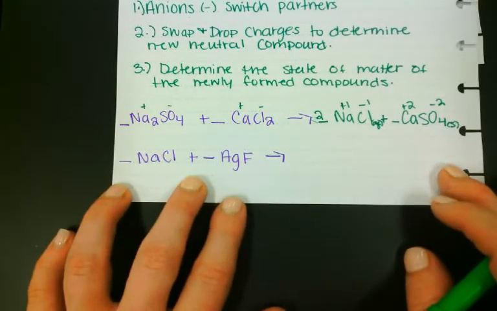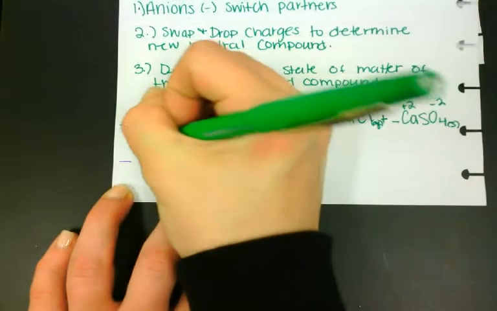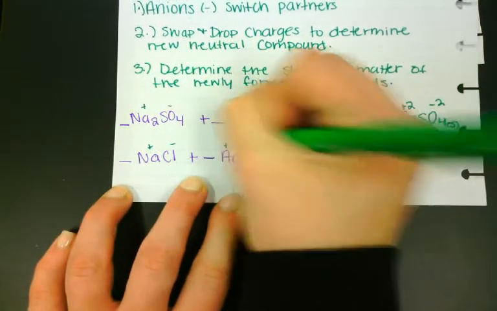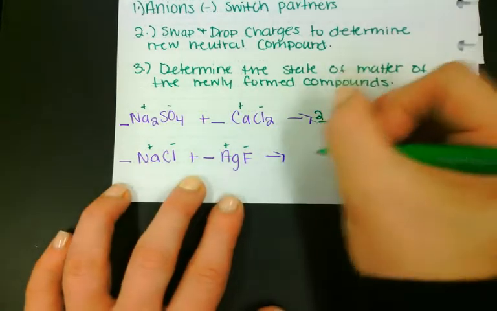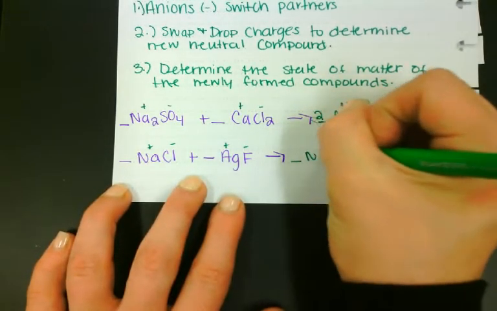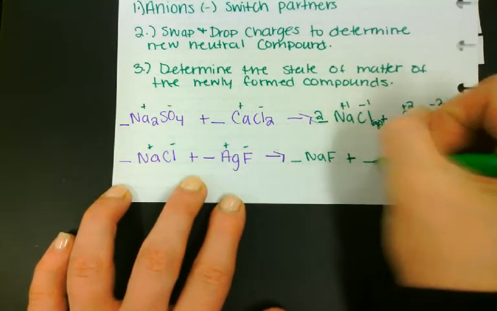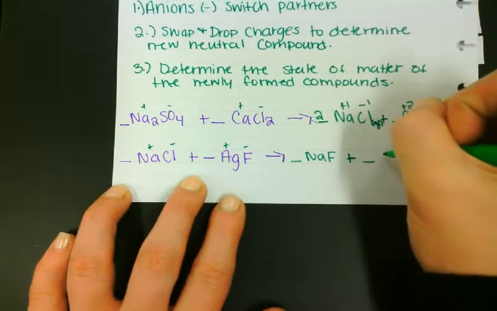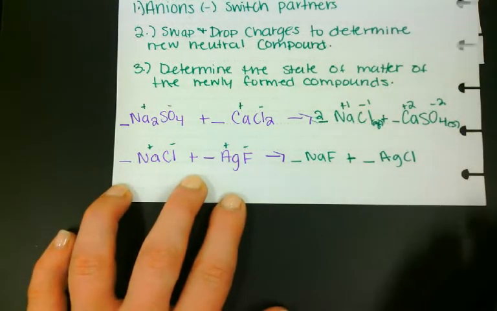Next we have sodium chloride reacting with silver fluorine. So again, my anions are switching places. So I have sodium fluorine now plus silver chloride.